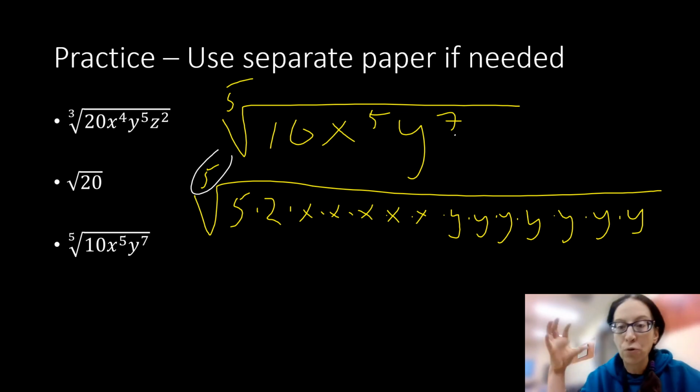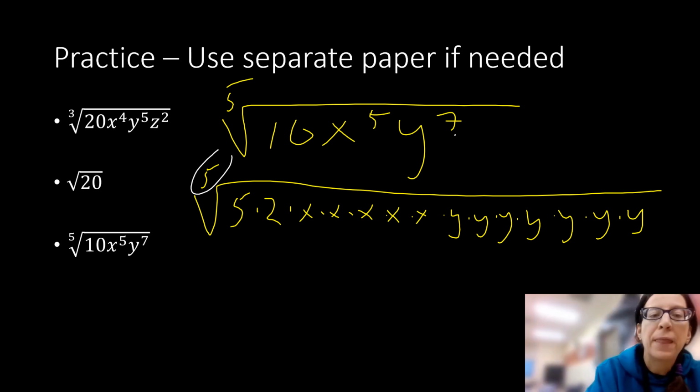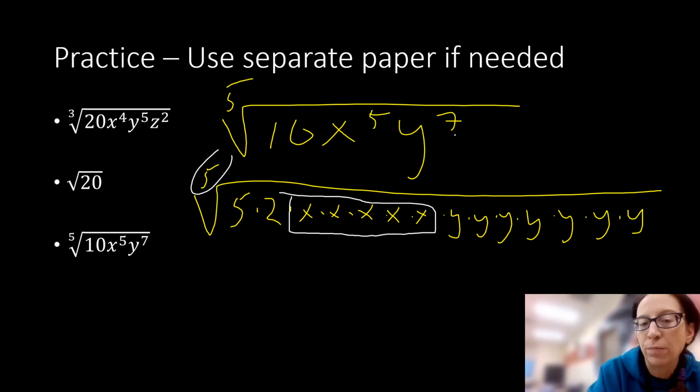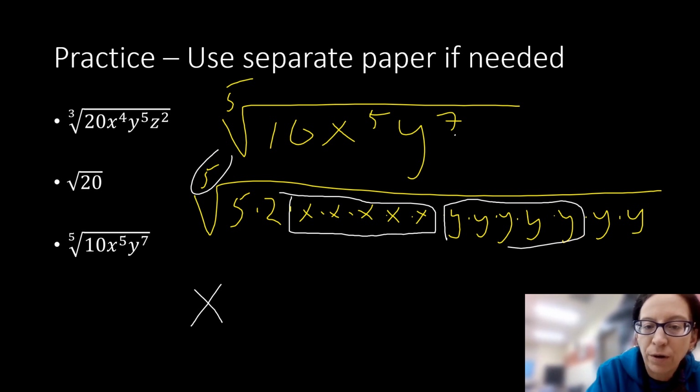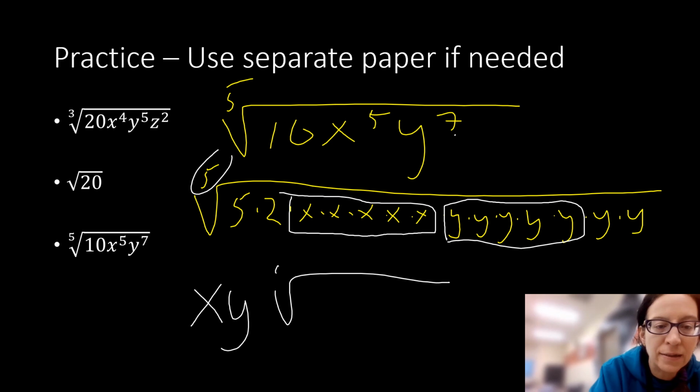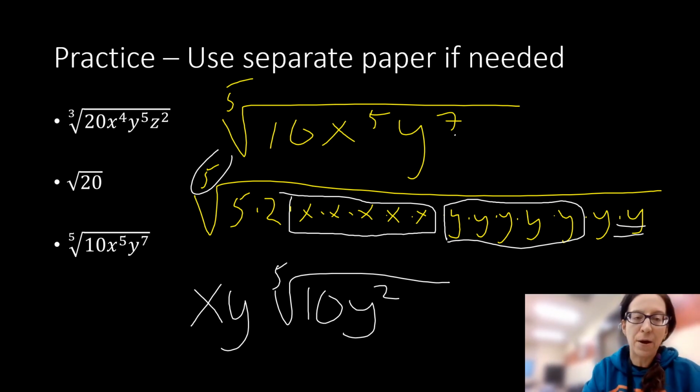You're looking for groups of 5. And we don't have any groups of 5 with the 5 and the 2. We do have a group of 5 with the 5 x's. And then we also have a group of 5 with 5 of the y's. Everything else is still going to be stuck in there. So 5 times 2 is 10. We got all of our x's out, but we still have 2 y's down at the end there.